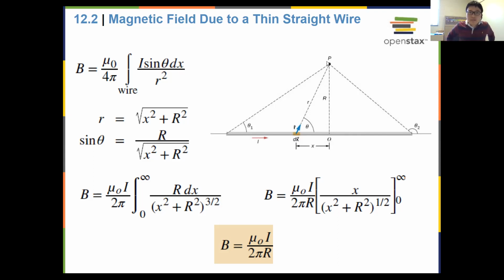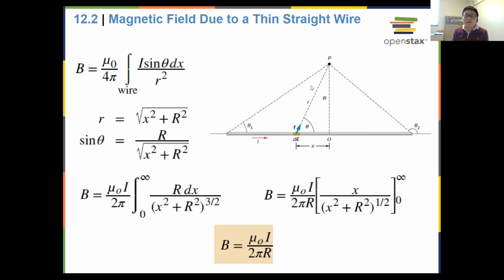Then integrate through. So mu naught I dl, and then r, and the angle is theta. So you integrate through: mu naught I dl cross r hat over r squared. So it will become I sine theta dx, that's dl, over r squared, and then integrate through the wire.